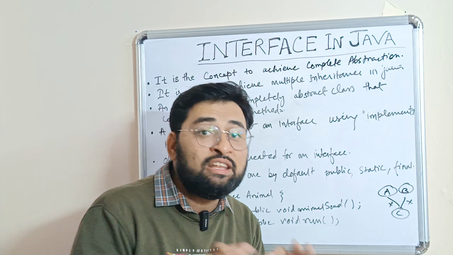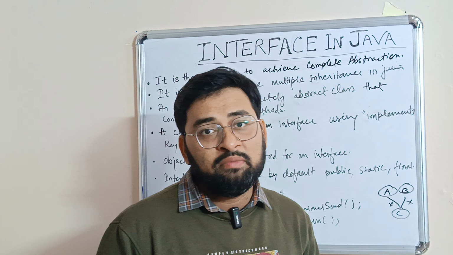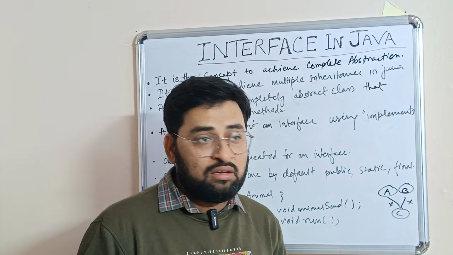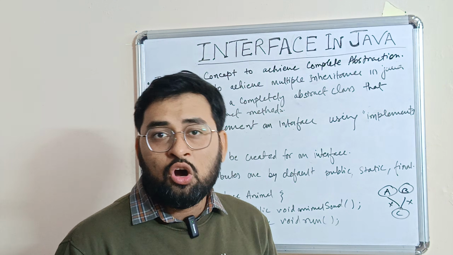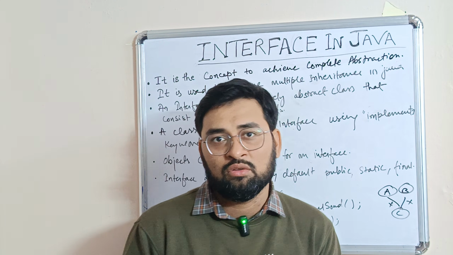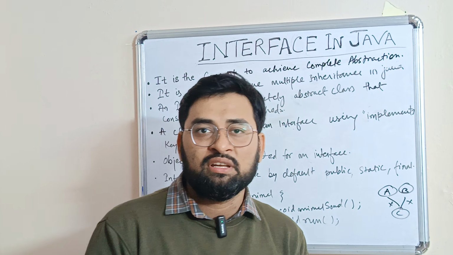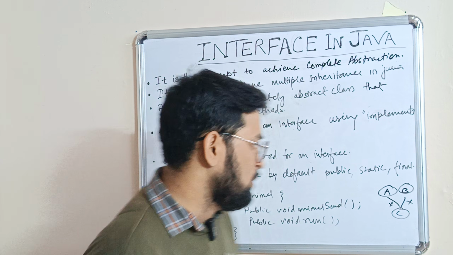Complete abstraction means none of the methods are found in the interface as non-abstract. All the methods must be abstract. You cannot see a normal method. Every method that is defined should be abstract in the case of an interface. Hope all of you have understood.